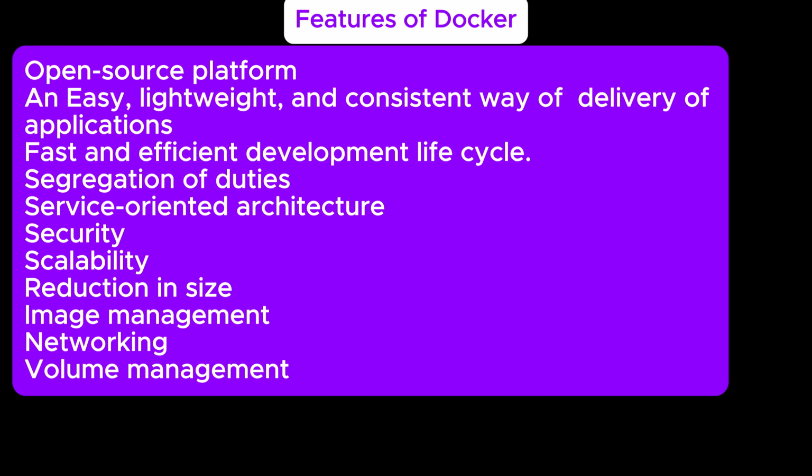We have seen in previous discussions that it is portable, and we can have consistency of libraries and dependencies within the same image. We can run it in any environment, move from one environment to another, and also move from one operating system to another.